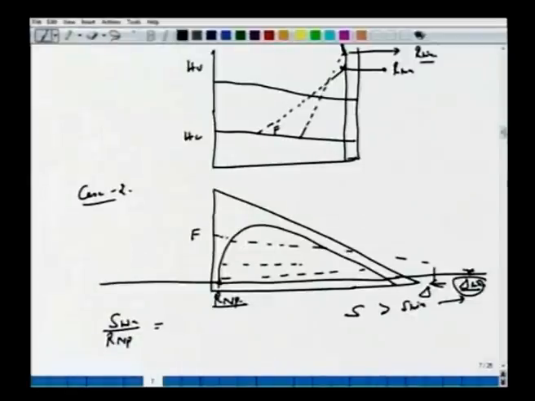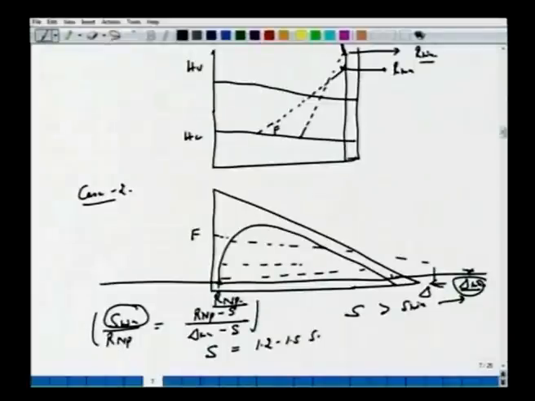S min over RNP will be the ratio of the tie line segments connecting RNP and this Ys, or S over del min as S. So the definition is the same. From this we calculate S min and then take S as 1.2 times or 1.5 times S min, and then that will give us the new del.